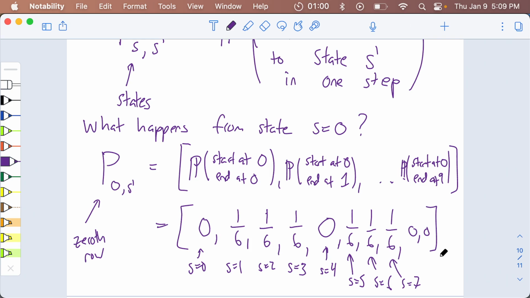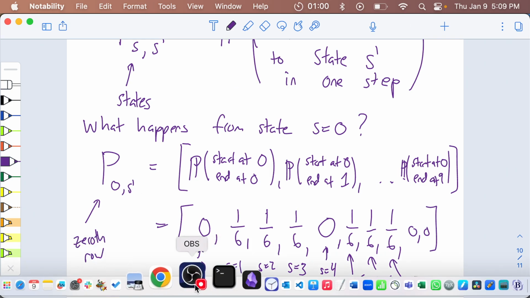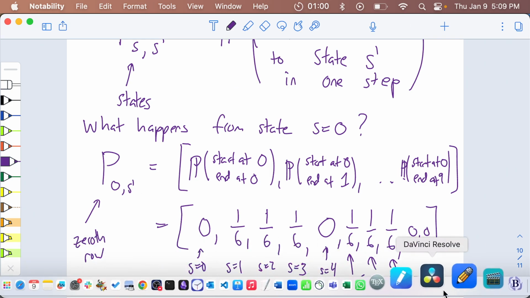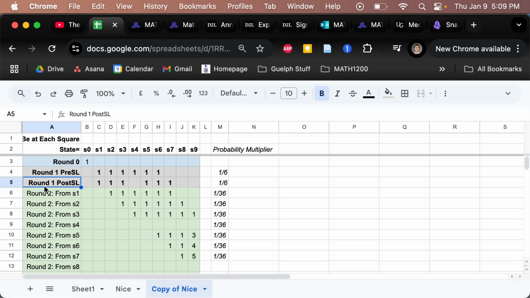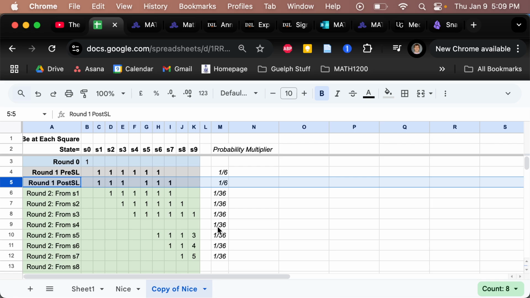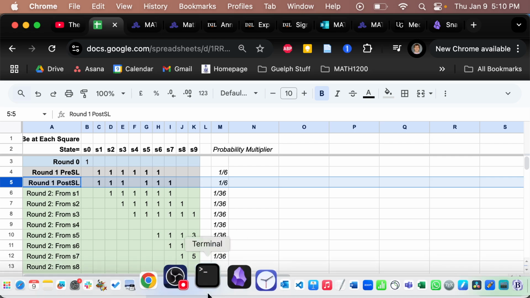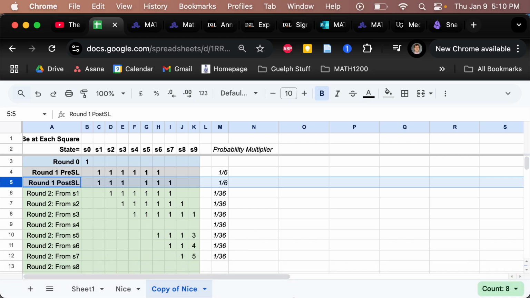And actually, we had this in our solution. You might notice this 1/6, 1/6, 1/6 thing. This is the top row of the matrix. It is exactly what we had in Excel, on line 5: 1, 1, 1, space, 1, 1, 1, but they were all supposed to be multiplied by a 6th. That's exactly the first row of the matrix. And in fact, when we calculated this, this is the round 1 probabilities.